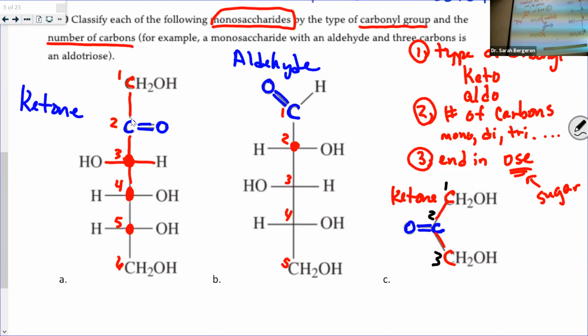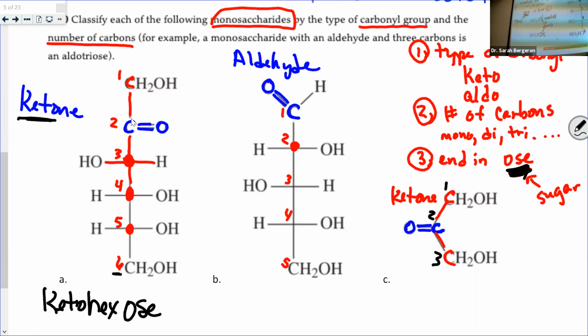Okay, now let's see if we can put everything together. For A, what are we going to name it? This is a keto, so from the ketone, and then I have 6 carbons, so 6 is hex, and then we need to say that it ends in ose because it's a sugar, so ketohexose.